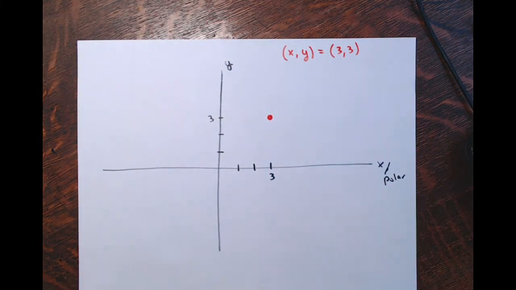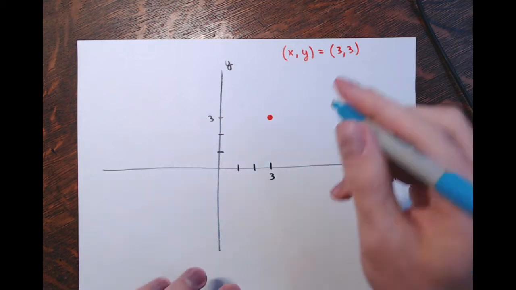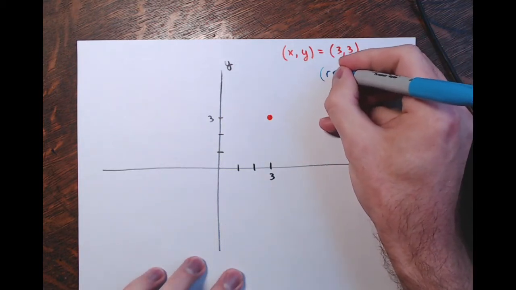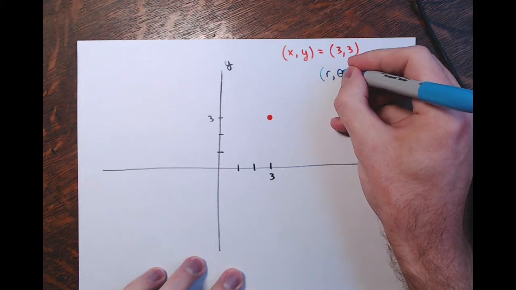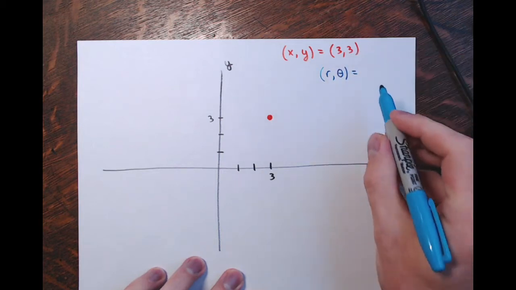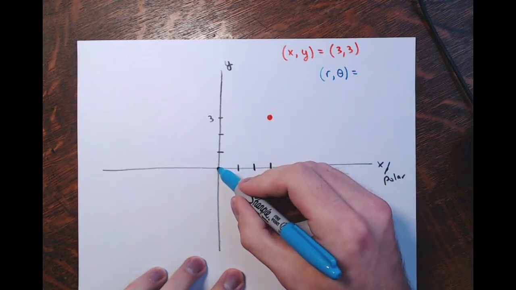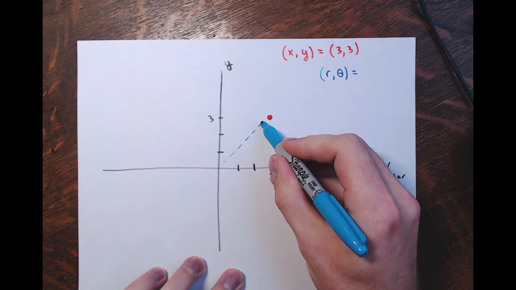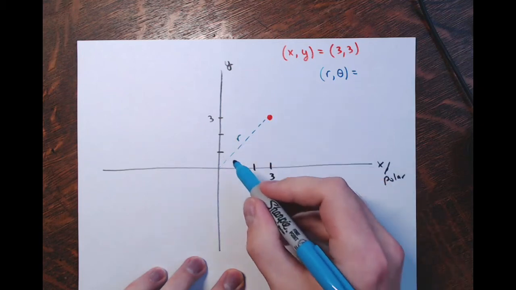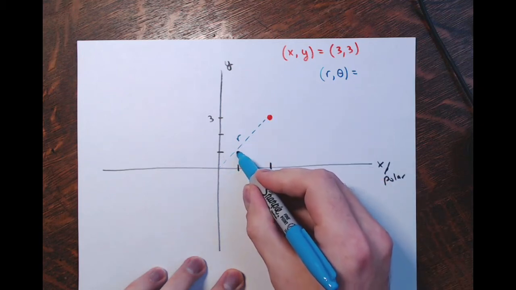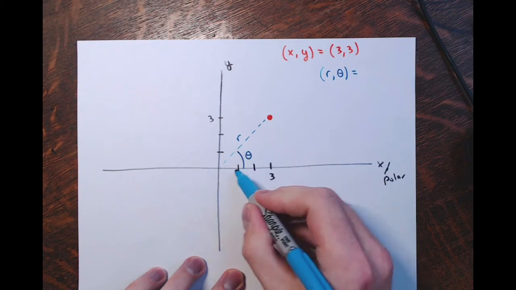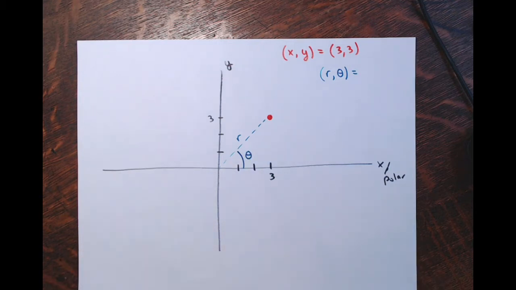Now, what I want to do is find out what is a good value of r and a good value of theta that'll take me to the same place. So what is this value here? Call it r, and this angle off the positive x-axis. Remember, we're always measuring angles off the positive x-axis, usually.